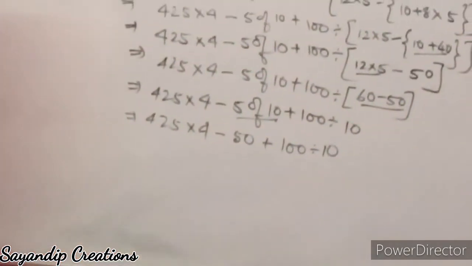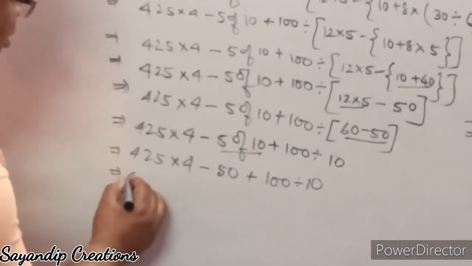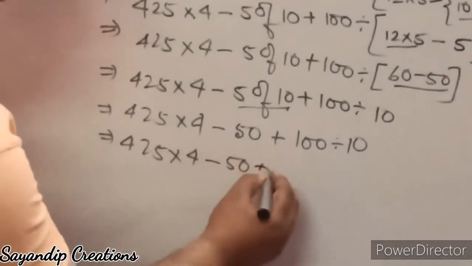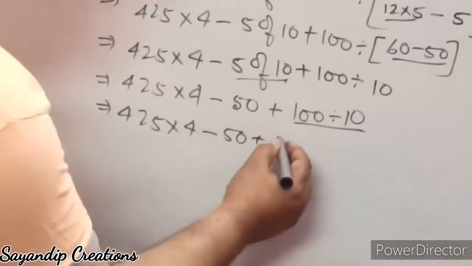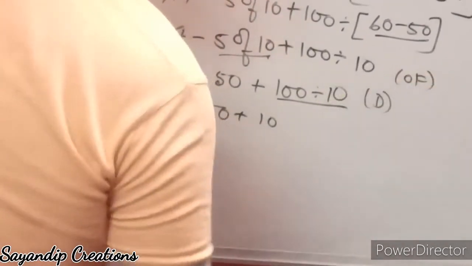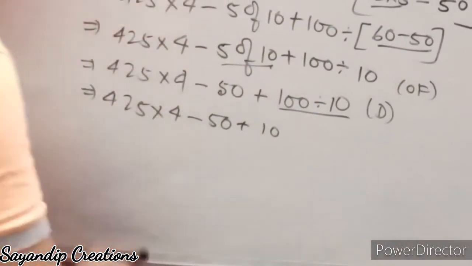So after the bracket, I did the 'of'. Next, 425 into 4 minus 50 plus 100 divided by 10 is 10. Here I am doing division, before that I did the 'of'.